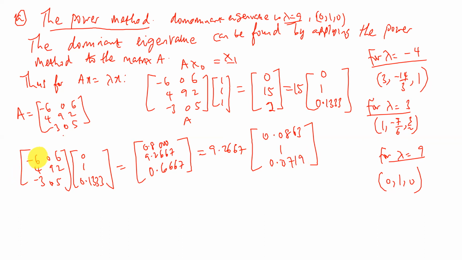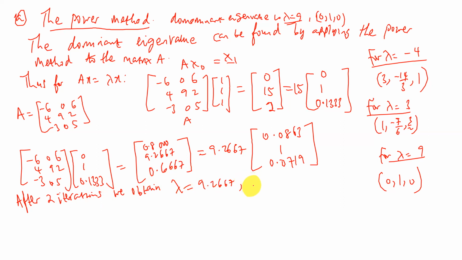So after 2 iterations, we obtain, what do we obtain? We obtain a couple of values of lambda, but we got lambda equals 9.2667.